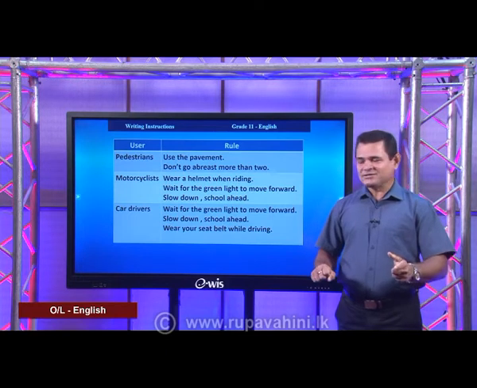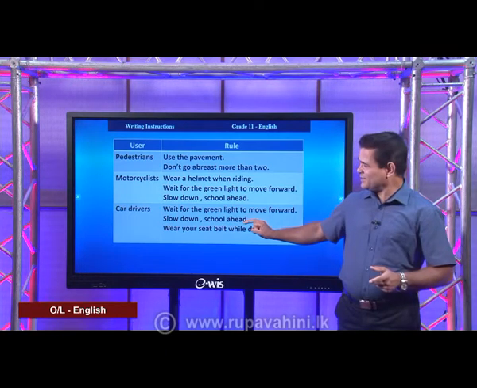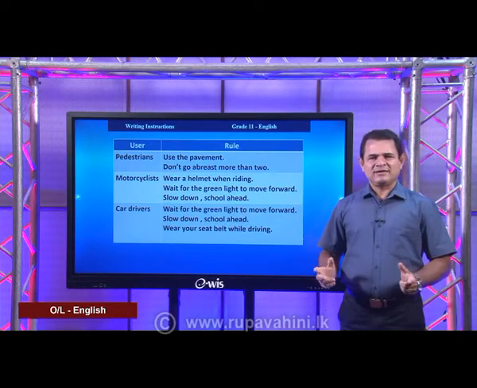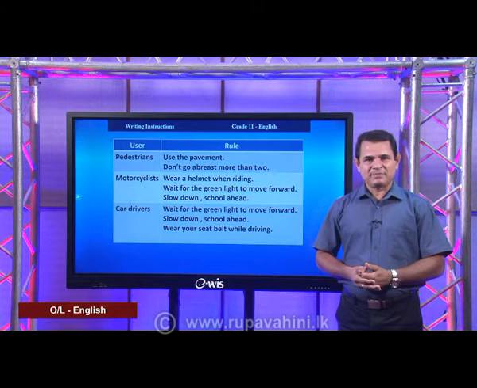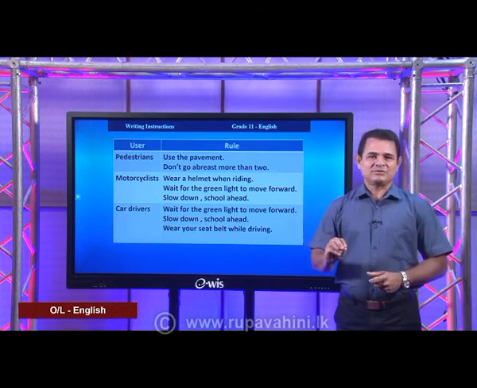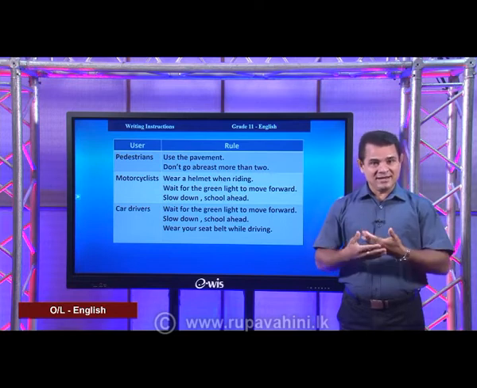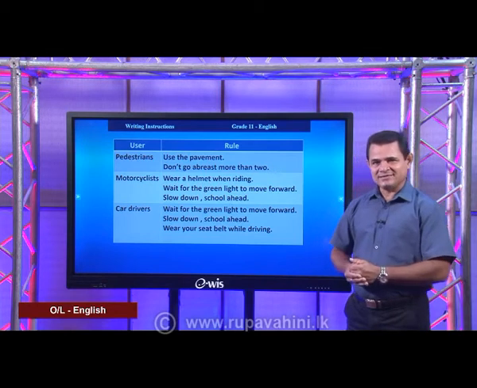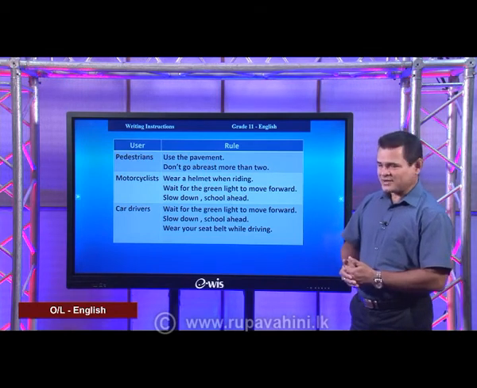So it is going only for the car drivers. So likewise, when you get some instructions, the words in those instructions will directly take you to the answer. So you have to be very careful, read carefully and understand it, then it is very easy to get the answer. I am sure if you get a question like this, you can get all correct.